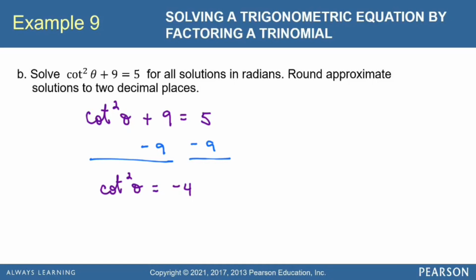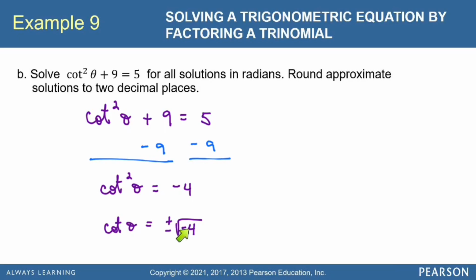Now we apply the square root property, which means we unsquare the left side. That would give us cotangent theta. And then on the right side, we'll have plus or minus square root of whatever's over here. So that would give us plus or minus square root of negative 4.